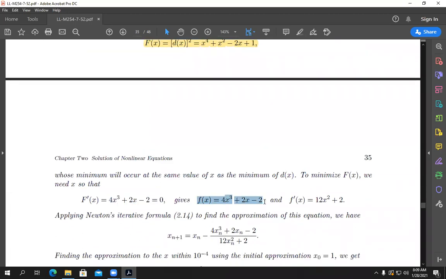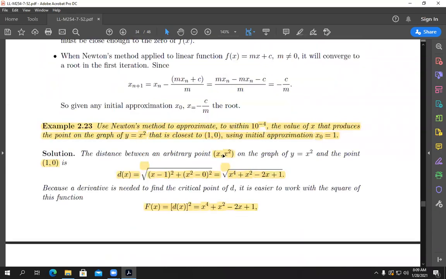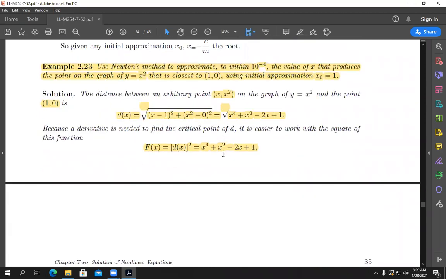This is your f of x. So it means, as I told you, in an exam the teacher never gives you the nonlinear equation directly. They give you some conditions, and from those conditions you have to find the nonlinear equation. And why do we need it? Because we need f of x. And how to find f of x?